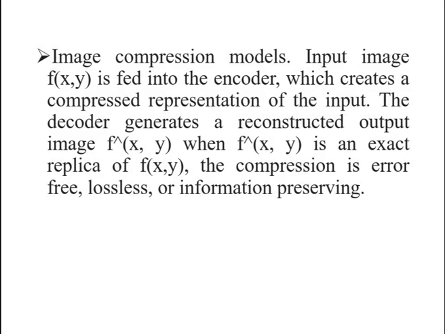In the first stage of the encoding process, a mapper transforms f of x comma y into a format designed to reduce spatial and temporal redundancy. This operation is generally reversible and may or may not directly reduce the amount of data required to represent the image.